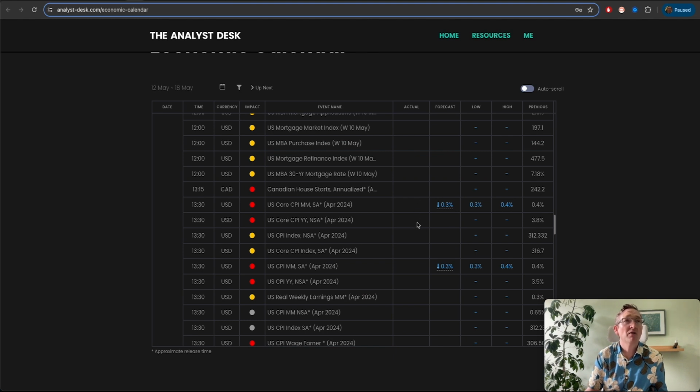If we see a sharp move higher in the CPI print, then we'll likely see some significant dollar strength because the Fed's already said that recent US inflation has been disappointing. If this disappoints, then look for dollar strength. Okay, and you can see some significant euro US dollar downside on that. So that's going to be the event.